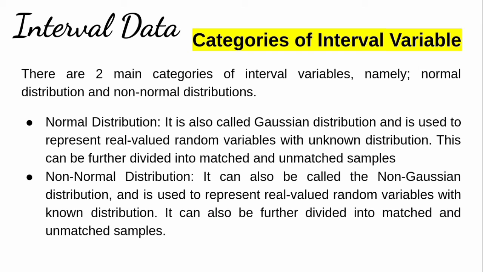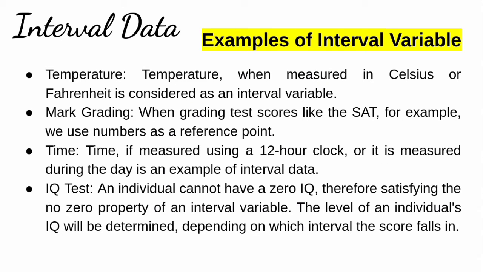This can be further divided into matched and unmatched samples. The non-normal distribution can also be called the non-Gaussian distribution and is used to represent real-valued random variables with unknown distribution. It can also be further divided into matched and unmatched samples. Now, to see how these categories apply, let us look at some examples.